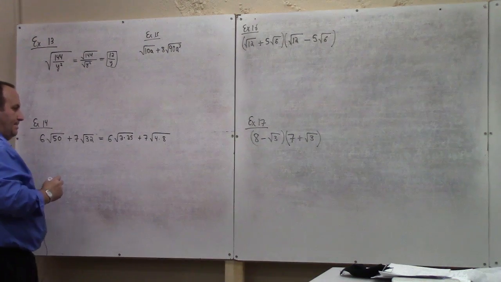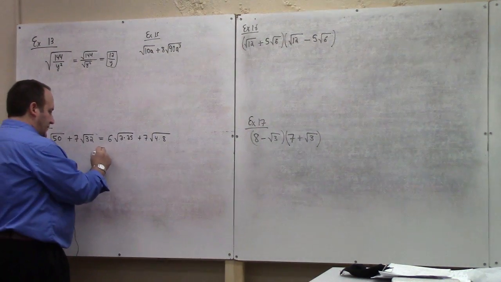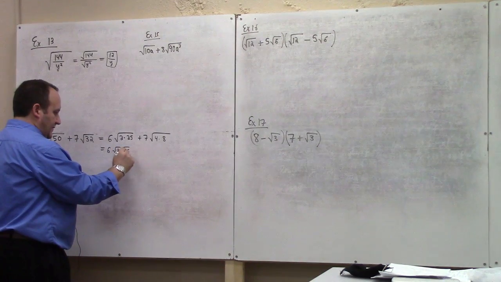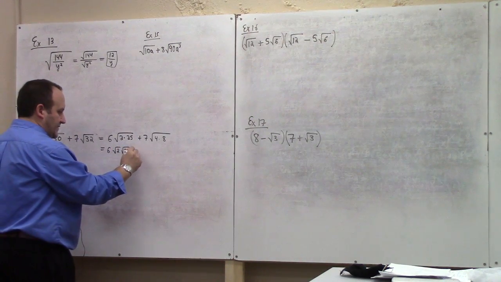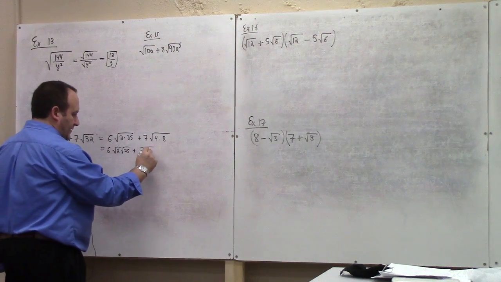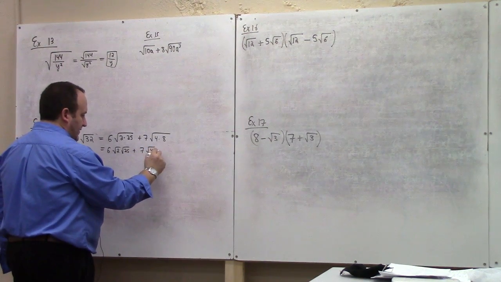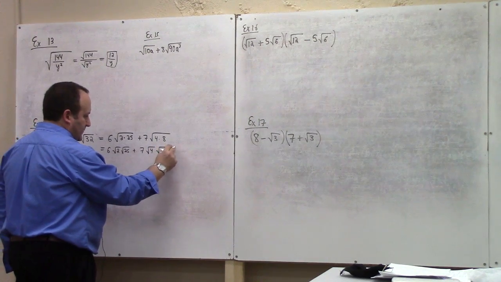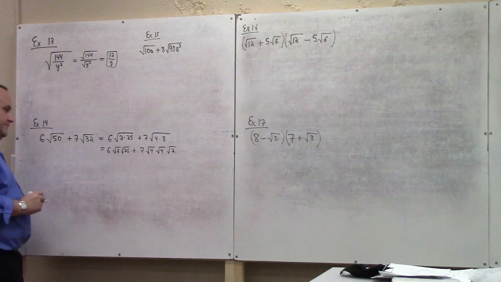And so we can say that that's 6 times the square root of 2 times the square root of 25, and plus 7 times the square root of 4 times 8, which is 4 times 2, right? Times the square root of 4 times the square root of 2, right?